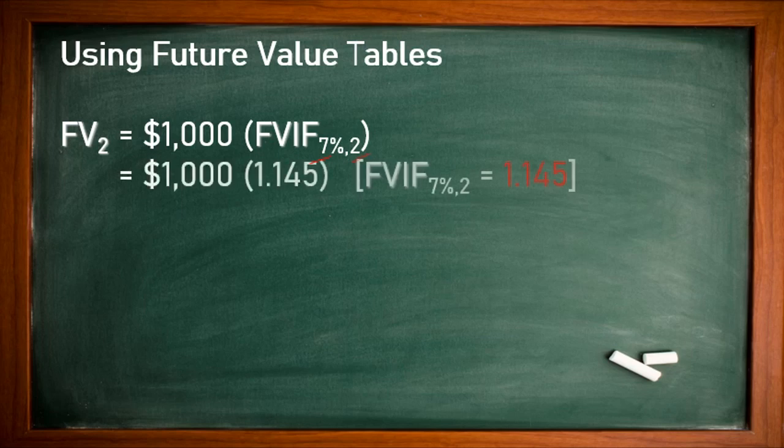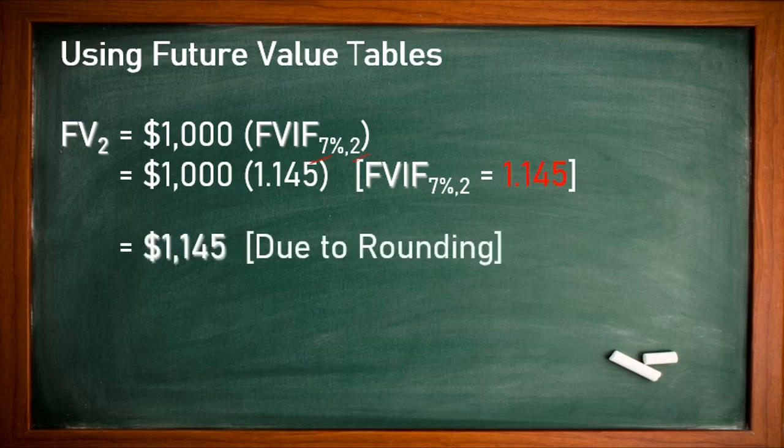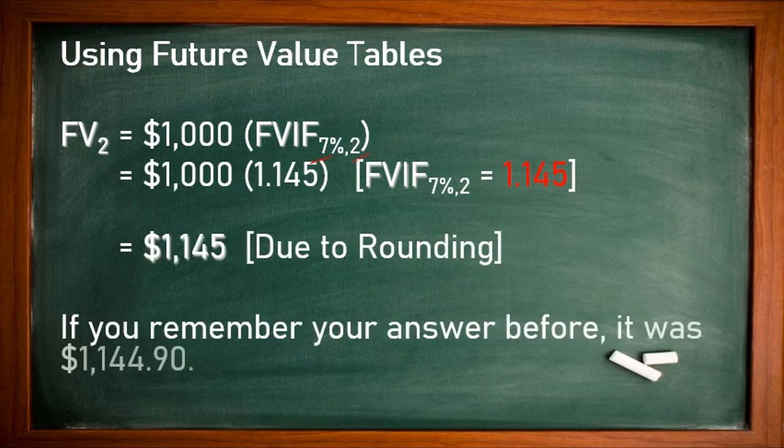Let us go with the table first. Just put the future value factor from the table. In the table it is 1.145, as I showed before. Once you multiply 1000 with 1.145, you will get 1145.